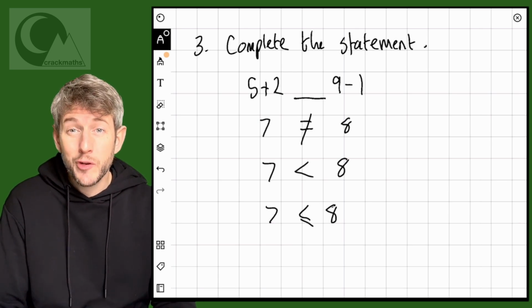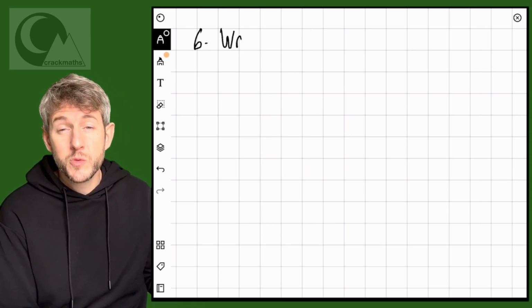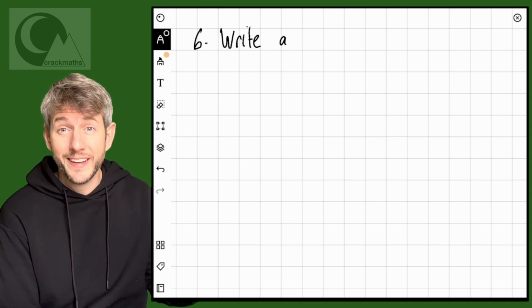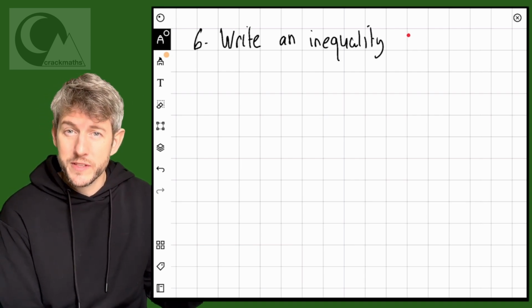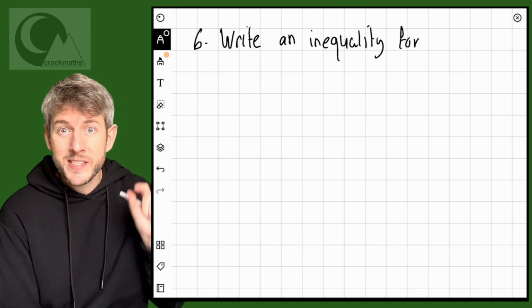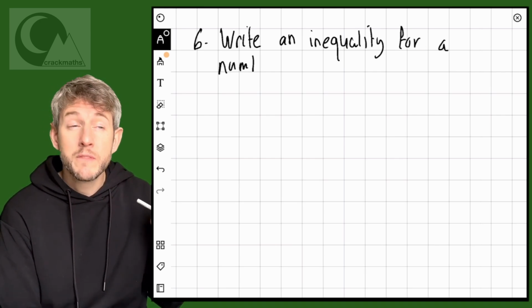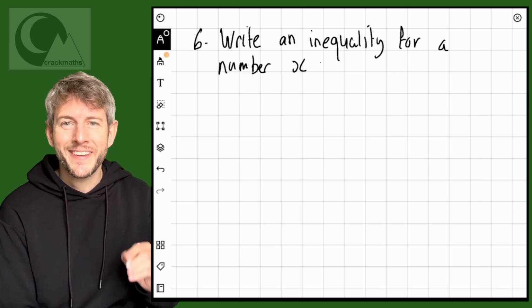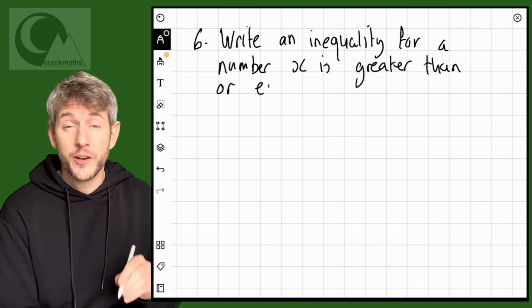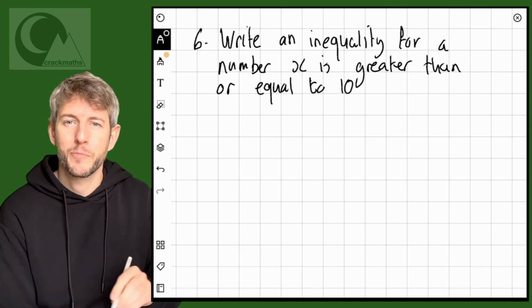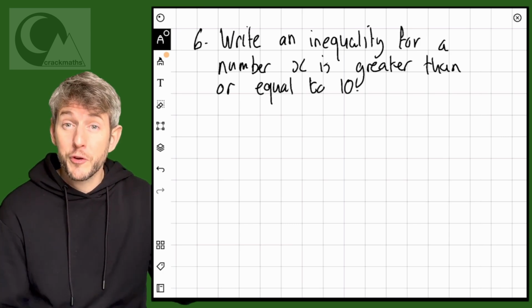All 3 of these things would be correct. Let's now have a look at question 6, because we've got a special word in here which covers the symbols that we're using. Actually, it covers the set of ones which are greater than or equal to. Question 6 says, write an inequality for a number x that is greater than or equal to 10. So we know we're looking for the greater than or equal sign.